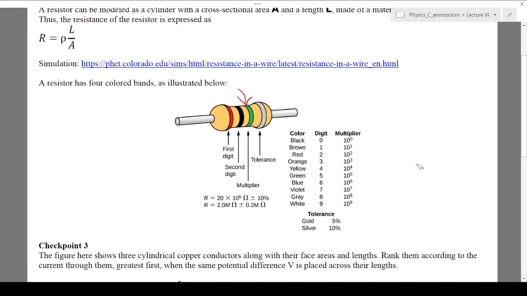So for this particular resistor, the resistance is going to be 20 times 10 to the 5 ohms, with 10% tolerance. Written another way, this is 2 mega ohms with 0.2 mega ohms of tolerance.